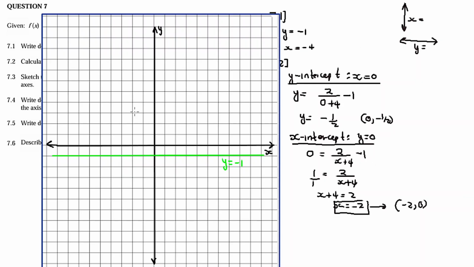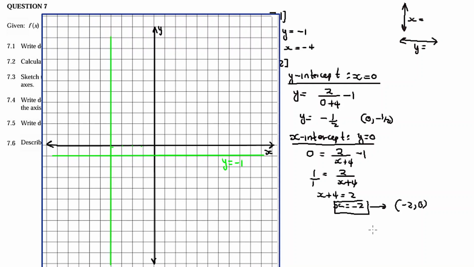And then we have x equal to negative 4, so 1, 2, 3, 4.